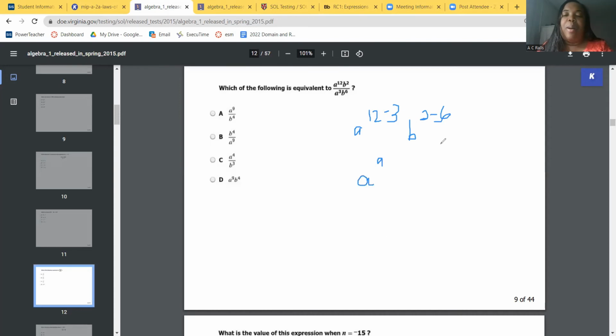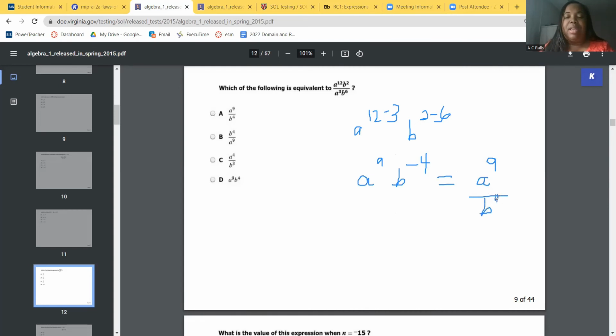What is 2 minus 6? That is a -4. But we just talked about this. We don't want to see a negative exponent. So this technically will end up being a to the 9th divided by b to the 4th.